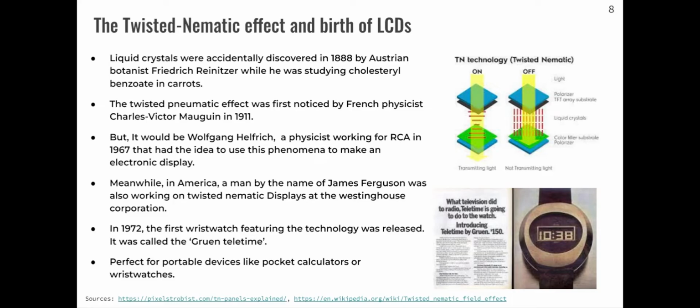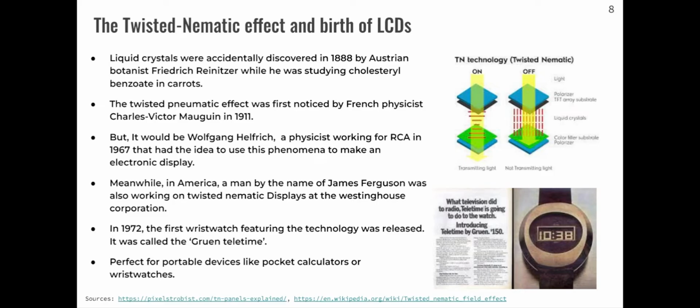The twisted nematic effect was first noticed by French physicist Charles Victor Mauguin in 1911. He discovered that an electric field can be used to align special liquid crystal molecules between two states.